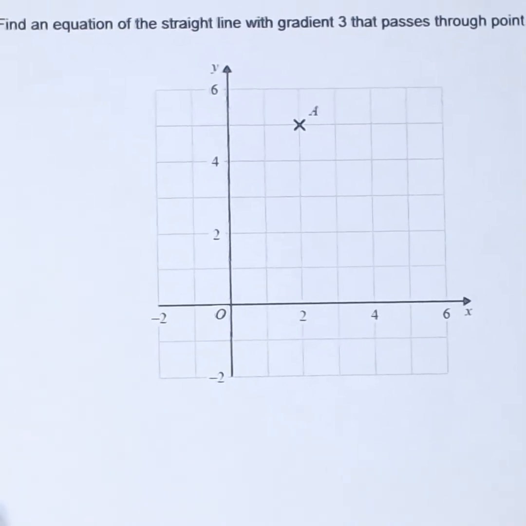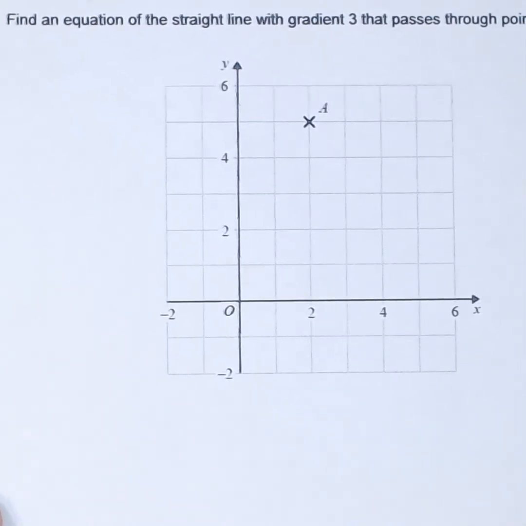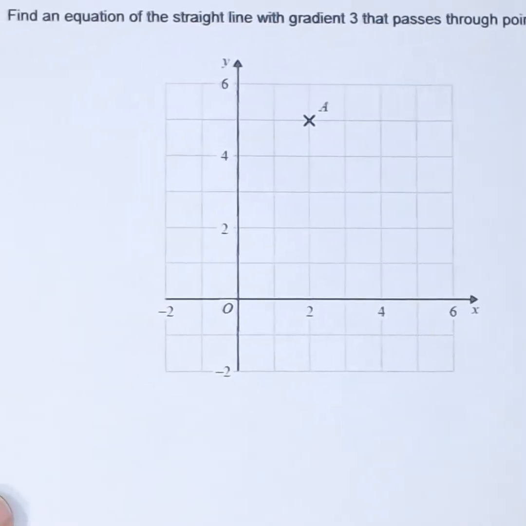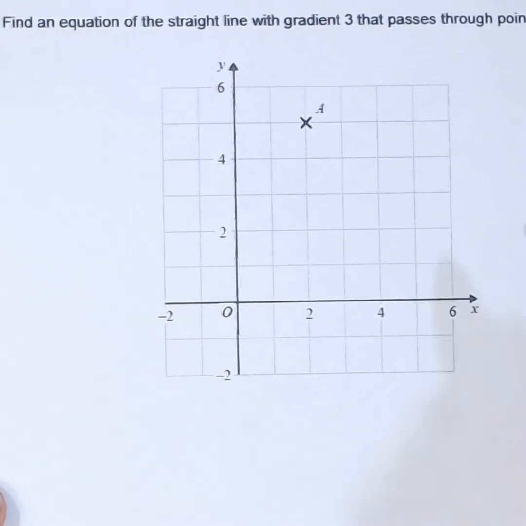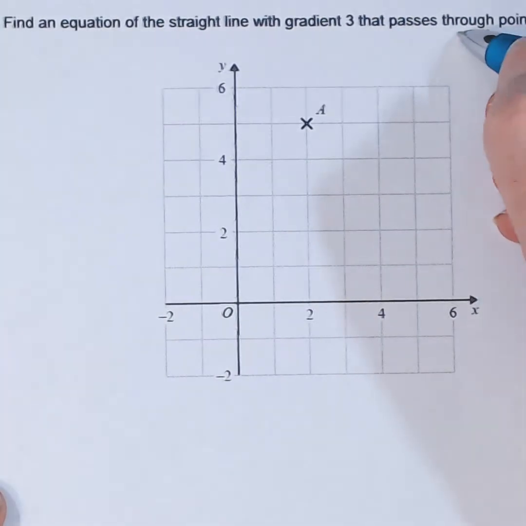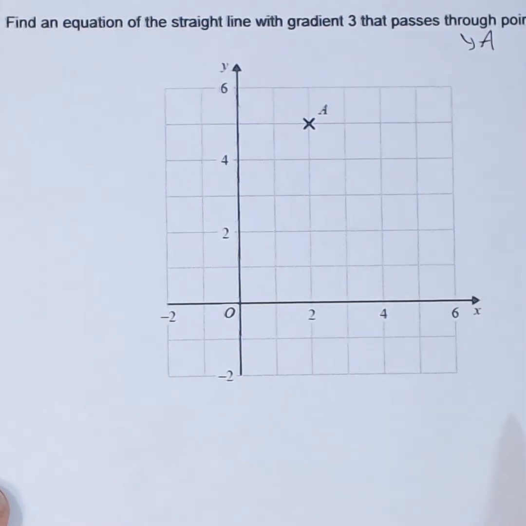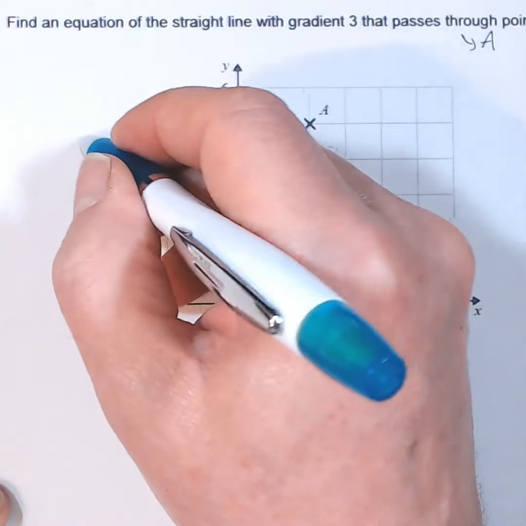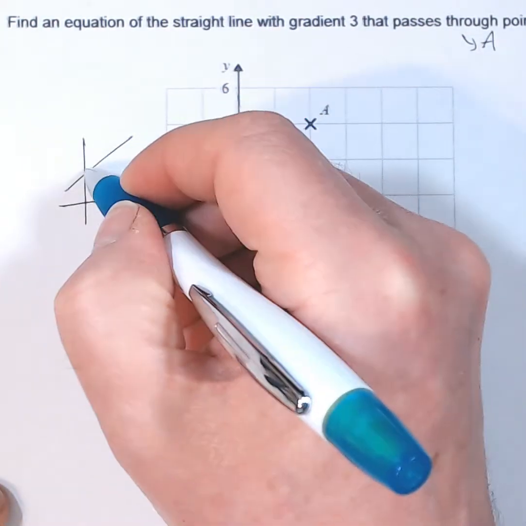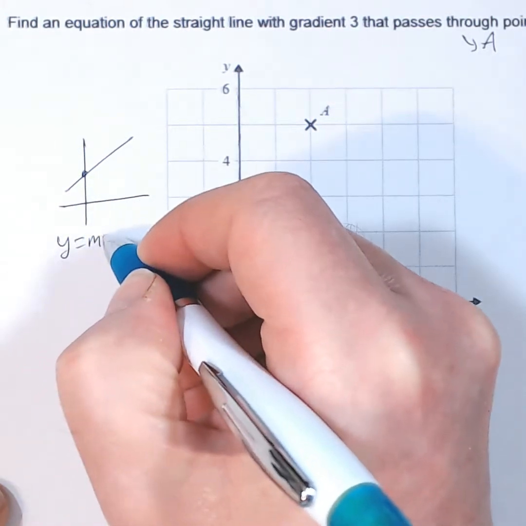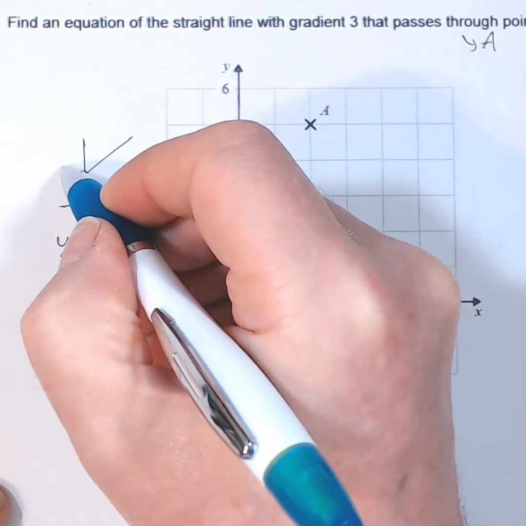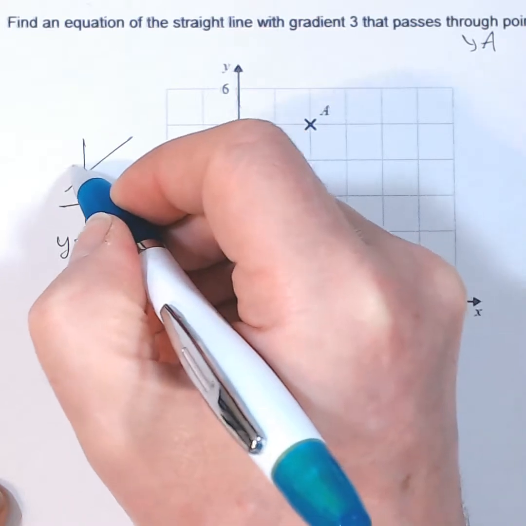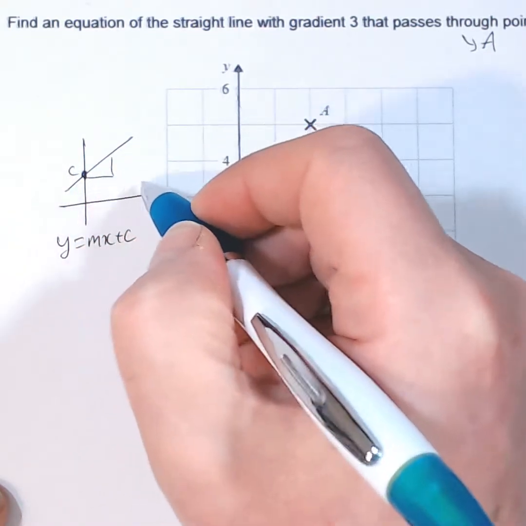Okay, so this one is find an equation of the straight line with a gradient 3 and passes through the point A. Alright, so it's got a gradient of 3. Now, what we've got to remember about a gradient, again, if we think to ourselves what we should know, then if we've got y equals mx plus c, the equation of all straight lines, then it must pass through some point, and it's telling us it's got a gradient of 3.